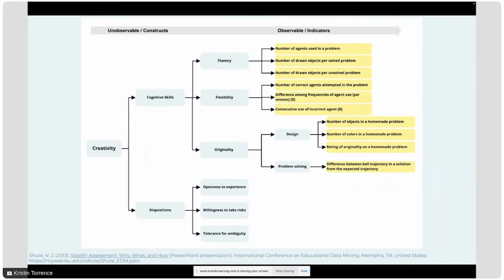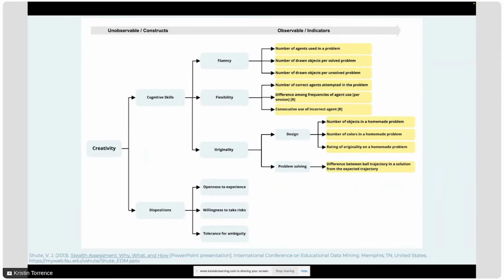So that was a trick question. In a sense, we are able to infer dispositions using the cognitive skills observable indicators. And really that's the beauty of these competency models representing probabilistic relationships. The inputs, in the form of empirical evidence, come in the form of observable indicators here in the yellow, enabling us to infer the level of fluency, flexibility, and originality, and thus predict cognitive skills and creativity probabilities.